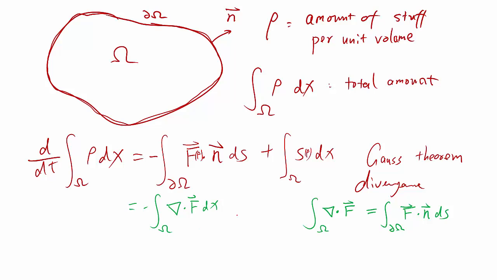And then look at this equation. By the way, you can take this d/dt inside the control volume because the control volume, omega, stays the same over time. We are having a fixed control volume, so you can take d/dt into the control volume.